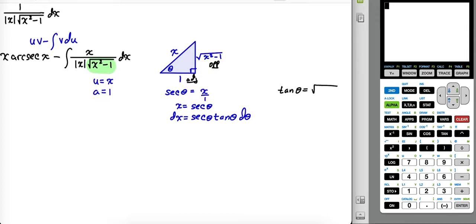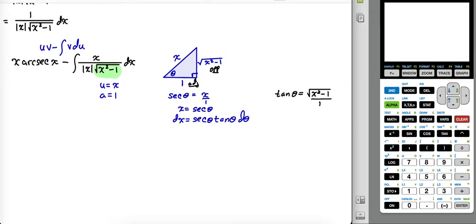So the square root of x squared minus 1 over 1, which is the same as saying the square root of x squared minus 1 equals tangent theta. So I can make that substitution. And I can swap out an x for a secant theta, each instance of x.